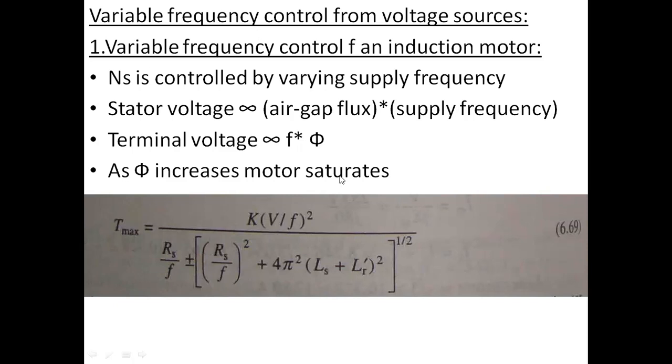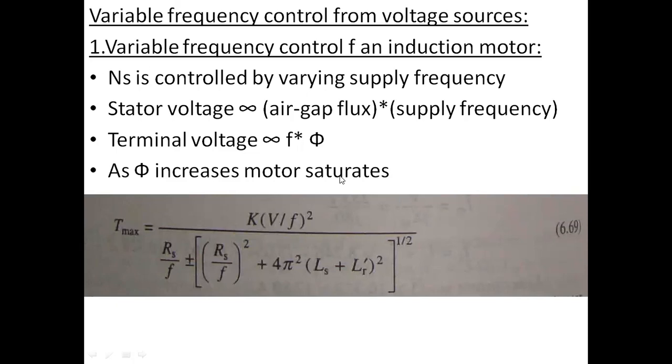From this, the terminal voltage is directly proportional to frequency and flux. For taking this formula, I am assuming that the stator drop is neglected. Only then will the terminal voltage be directly proportional to frequency and flux.